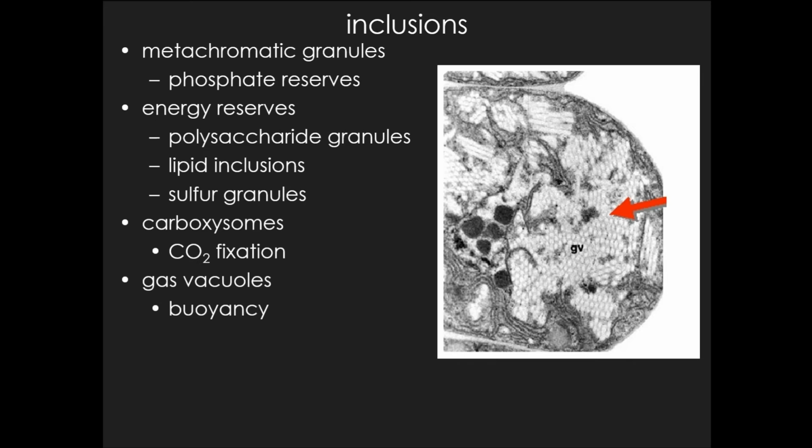So if you want to be able to float, let's say you're a photosynthetic cell and you want to be able to float on the surface of the water where the sun shines and allows you to photosynthesize, you don't want to have to be burning energy to swim there while you're trying to make energy via photosynthesis. So rather than swimming and actively trying to stay there, you passively float there, right? So that would be like the difference between you trying to tread water for 2 hours or floating in a life jacket for 2 hours, right? Obviously, one would take far less energy than the other. So gas vacuoles allow cells to be buoyant.